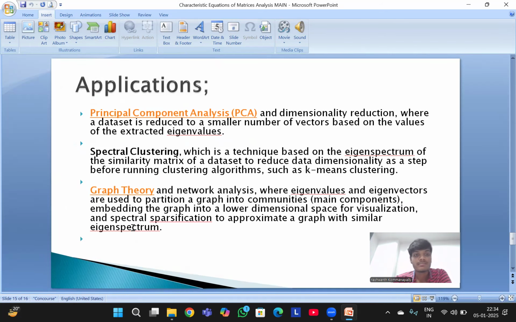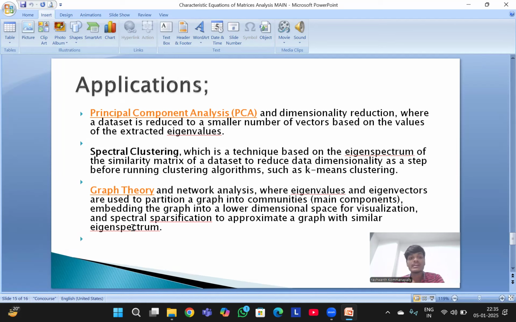Applications. First, principal component analysis (PCA) and dimensionality reduction, where a dataset is reduced to a small number of vectors based on the values of the extracted eigenvalues. Second, spectral clustering, which is a technique based on the eigenspectrum of the similarity matrix of a dataset to reduce data dimensionality as a step before running clustering algorithms such as K-means clustering.